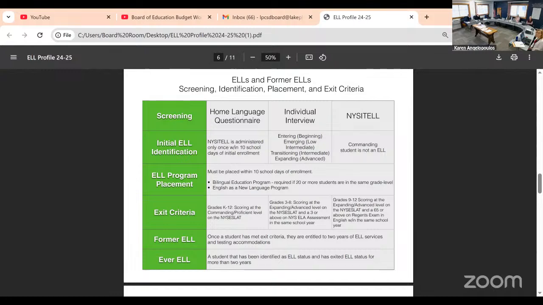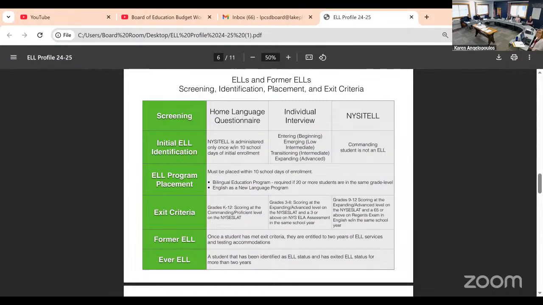So students would take that. If the student tests out as commanding, they're not considered an English language learner. We have to do this assessment within 10 days of the student arriving in our district. And we have to make sure that they have not had this assessment anywhere else in New York State.